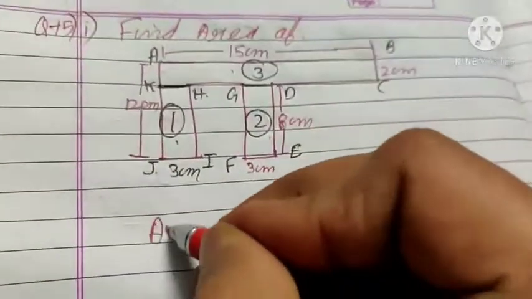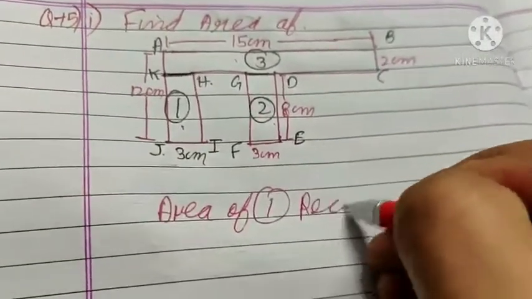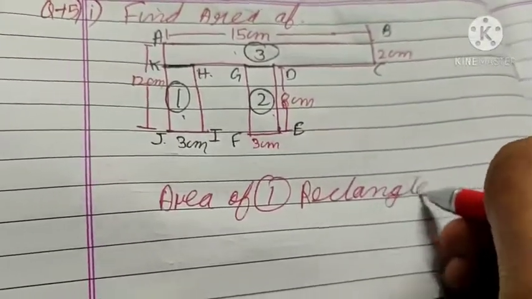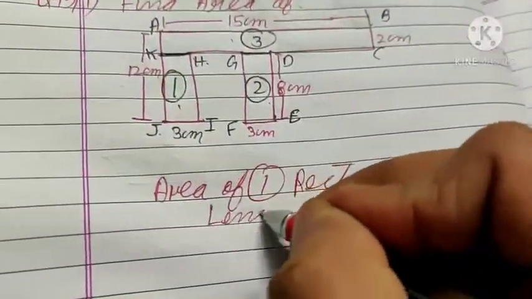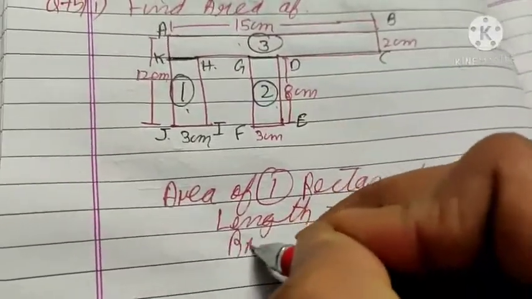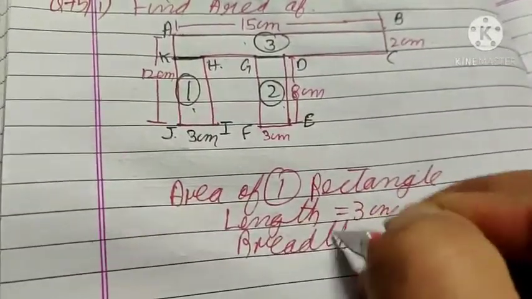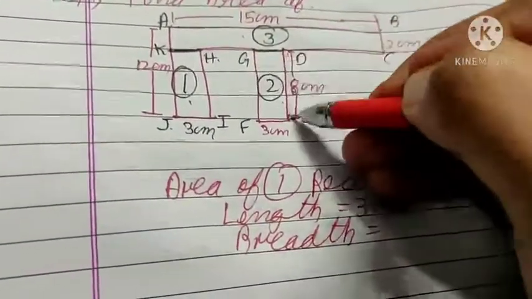Okay, so now area of 1, it is a rectangle. So here length is given as 3. Breadth is this, and this is given as this length.